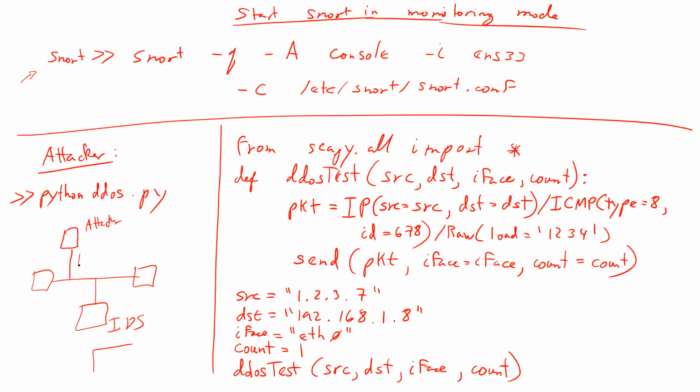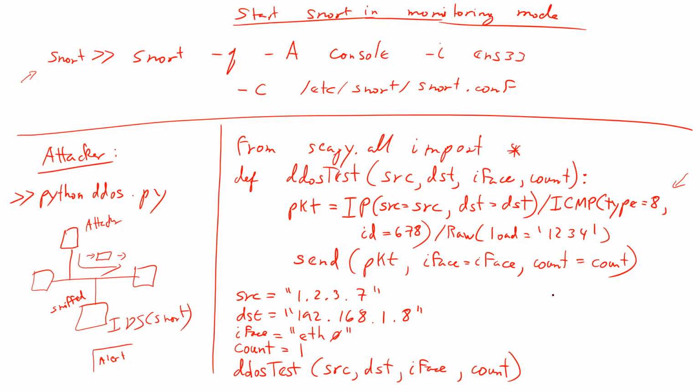When the attacker sends out a packet, it'll be one of these packets, remember? Snort is a signature-based intrusion detection system. So when this packet goes out, it doesn't matter where it goes. VMware is like a hub environment, so everyone gets all the packets. This packet will be sniffed by the IDS, Snort in this case. If you did everything correctly, on the terminal you will see something that says alert, and then the name of this attack.